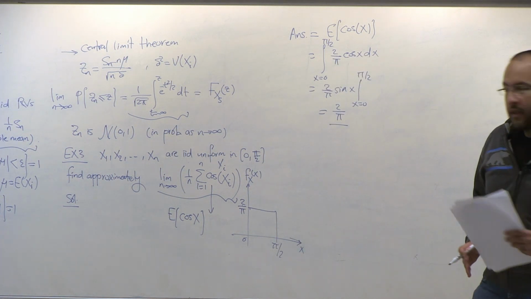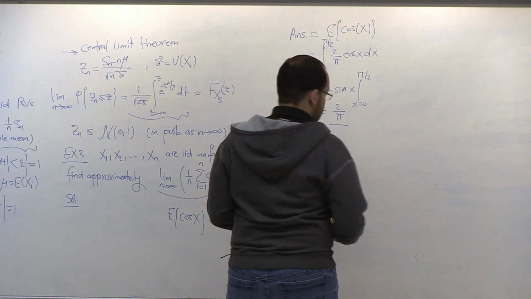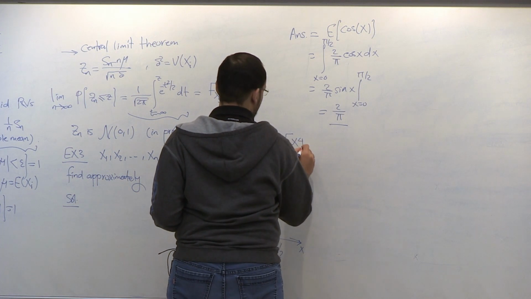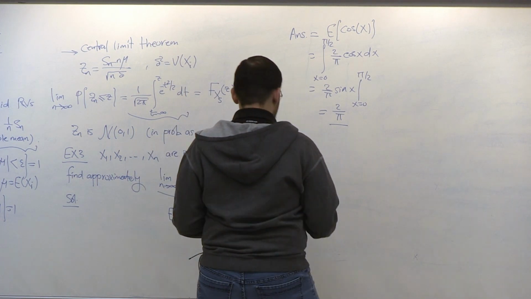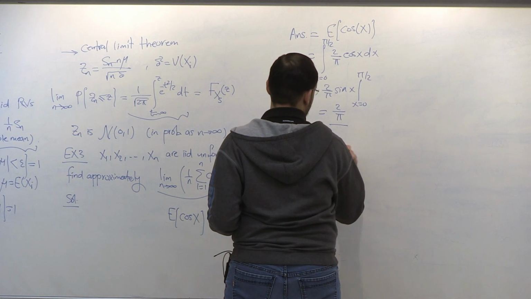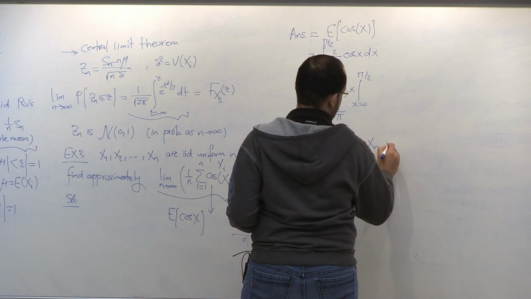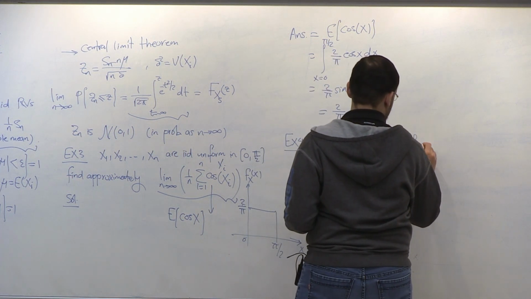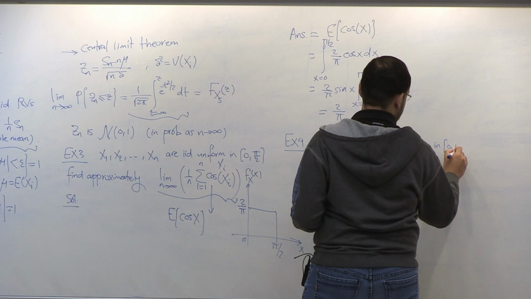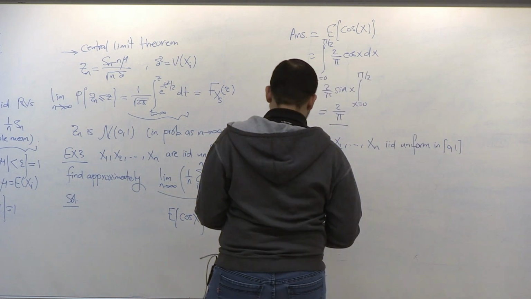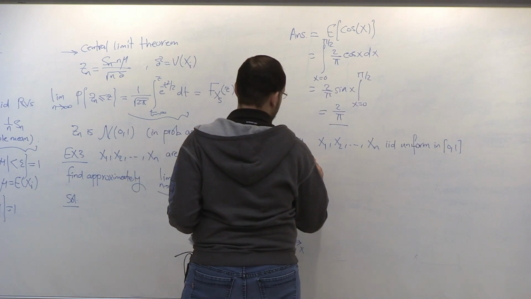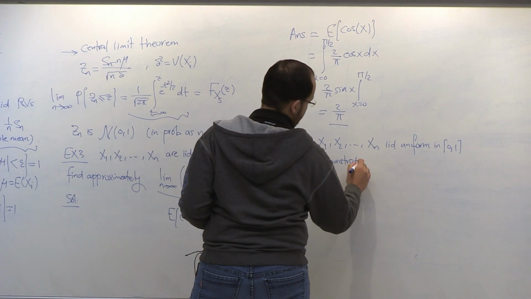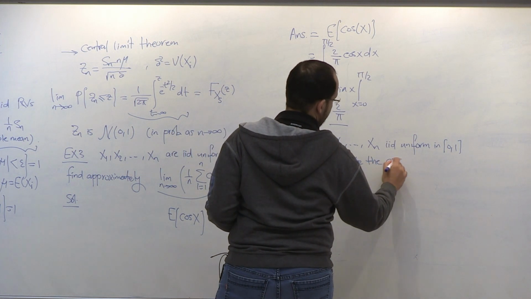Everybody's okay with that? So the last thing we will do together is we will try to demonstrate the central limit theorem through an example. So again, we have x1, x2, xn, IID uniform in 0, 1. And we demonstrate the central limit theorem as follows.